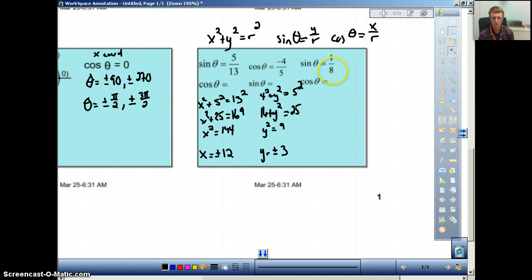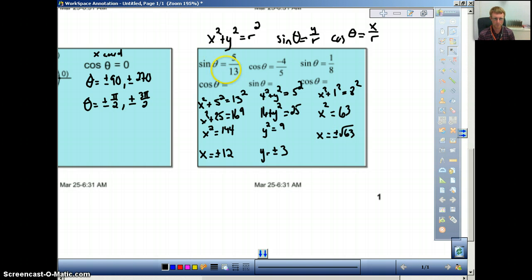Last one. Again, it's sine, so that means we have the y and the r. So therefore, we have x squared plus 1 squared equals 8 squared. Then we have x squared equals, this is 64, that's 1, so we have x squared equals 63. So we have x, and I'm taking the square root of this, so it'll be plus or minus the square root of 63. Okay, and we're going to leave it as that.